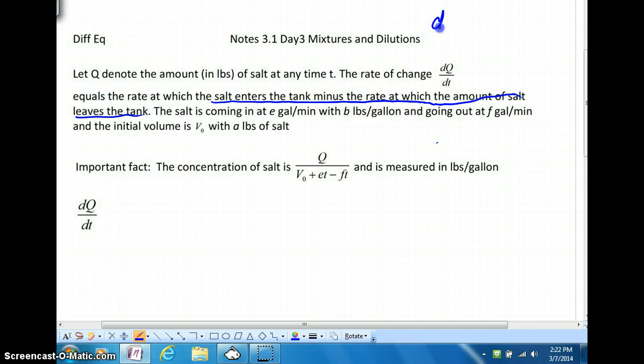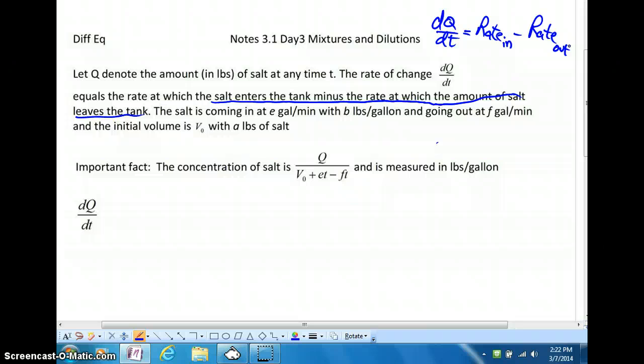Now, what we did two chapters ago is we wrote rate in minus rate out. Q was salt, of course. And we had the rate that salt was coming into the tank minus the rate that it was coming out. Hopefully you remember that.